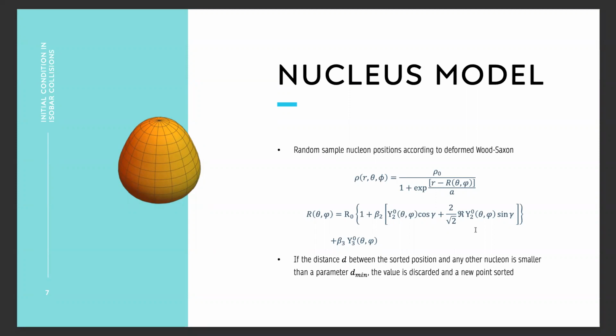One thing I did that is a bit out of the standard, not very much, is that I take care not to have overlapping nucleons. I have this minimum distance parameter: when I try to put a new nucleon, if it violates the minimum distance to all other nucleons that are already there, I just throw it away and try again, until I can distribute everyone inside the nucleus.